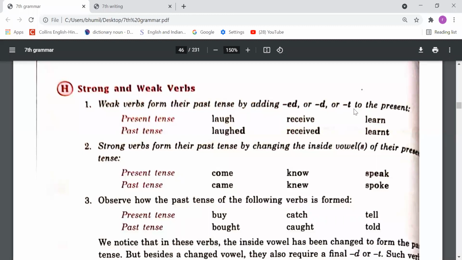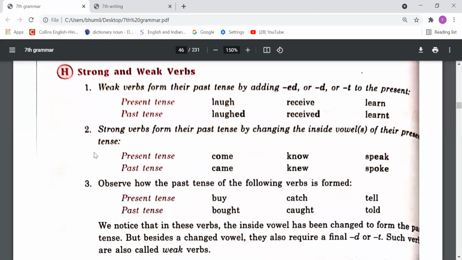Whenever we add ed, d, or t to make the second and third forms, those types of verbs are called weak verbs. Like laugh, laughed: I have added only ed. Receive, received: I have added only d. Learn, learnt: I have added only t. So these verbs are called weak verbs. Why? Because we only have to add ed, d, or t.